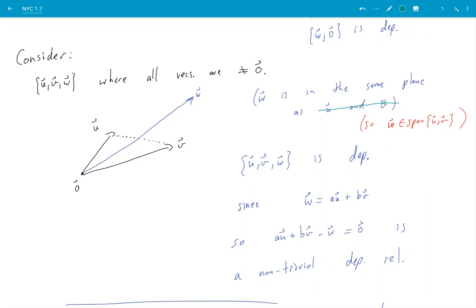So W is in the same plane as the triangle. Okay, I'd like that to be your notes instead.